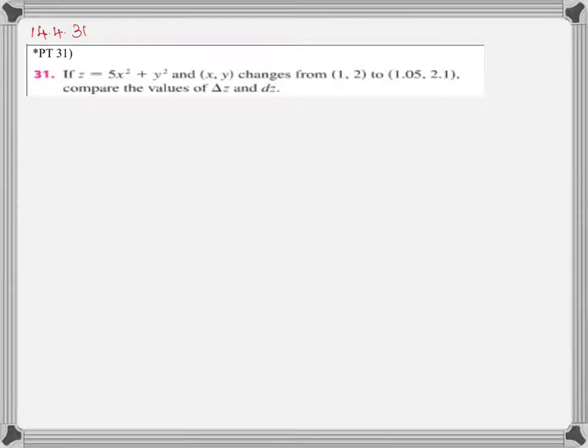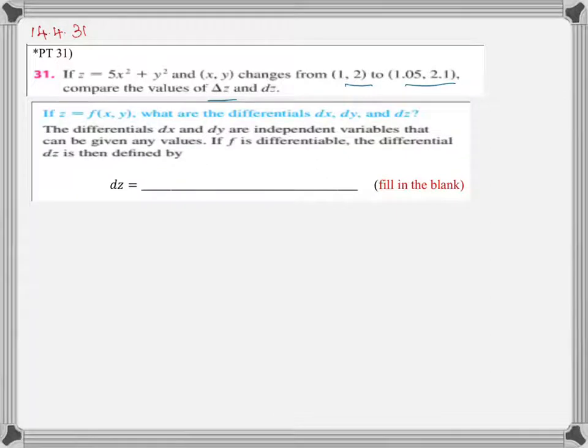So first we should understand what we mean by delta z and dz. What is the difference between the two? If z equals f of (x, y), what are the differentials dx, dy and dz? The differentials dx and dy are independent variables that can be given any values.